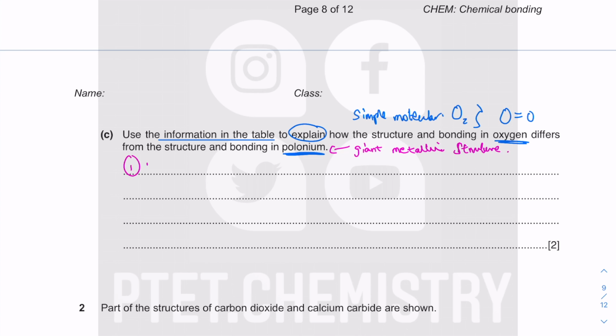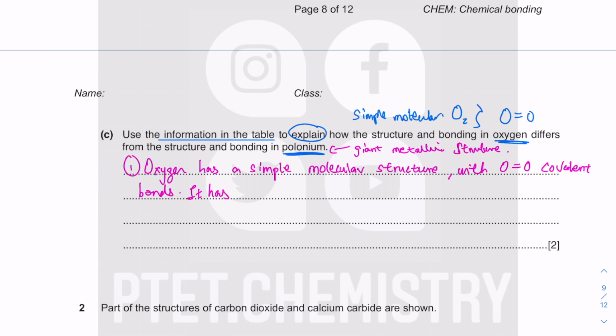Okay, so oxygen has a simple molecular structure. They want structure and bonding, right? So simple molecular structure with oxygen, oxygen, covalent bond. So I show the display formula. Okay, it has low melting point.